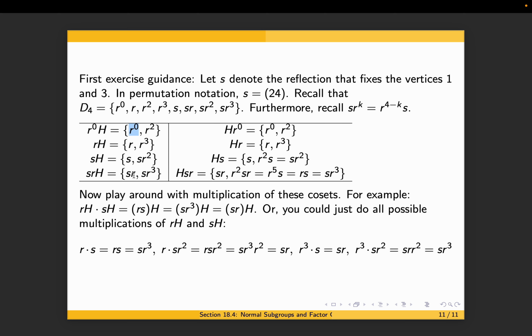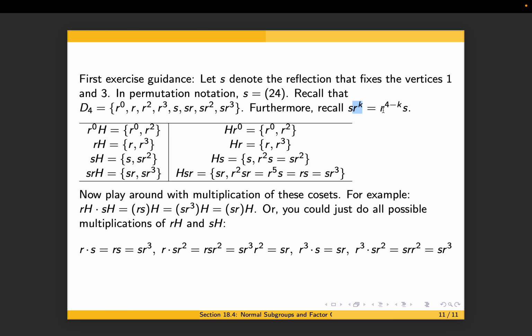SR times nothing, do nothing is SR. SR times another r squared is now S with 3 r's. If you do it on the right, do nothing times SR is SR. R squared times SR is r squared SR. And then let's see, what did I do here? Okay. There's probably a more efficient way to do this, but I shifted the r over. So this is like an r to the 1.